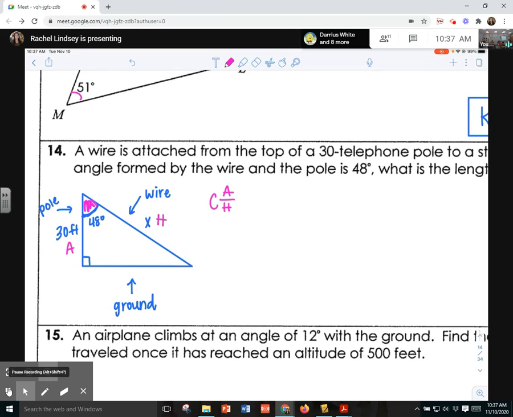So I have cosine of my angle 48 equals my adjacent 30 over hypotenuse x. Since x is on the bottom, I'm going to switch the place of the cosine and the x. I have x equals 30 over cosine 48.